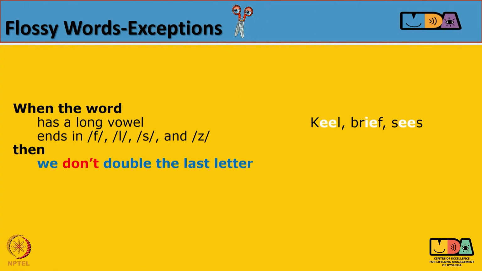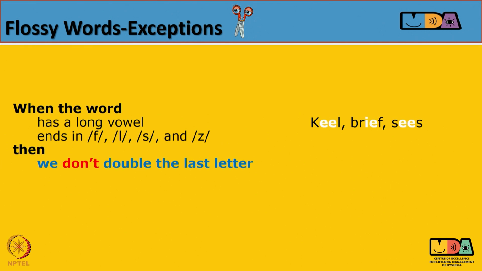Well, here they come. The first block of scissor words that come for this rule is that when you have a word with a long vowel sound ending in F, L, S and Z, then you do not, I repeat, you do not double the last letter.